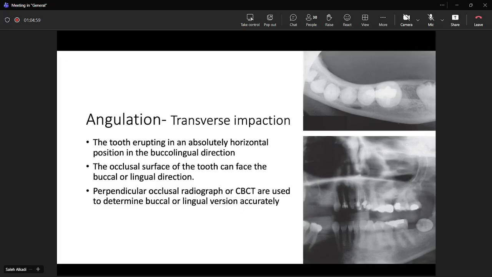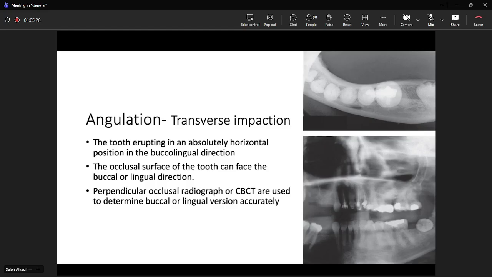However, Winter didn't mention angulation in other directions, which are the transverse impactions. Later on, they added these transverse impactions, when the tooth is in a horizontal position but in a buccolingual direction, not in a mesiodistal direction. So the occlusal surface of the tooth is facing either the buccal side or the lingual side.